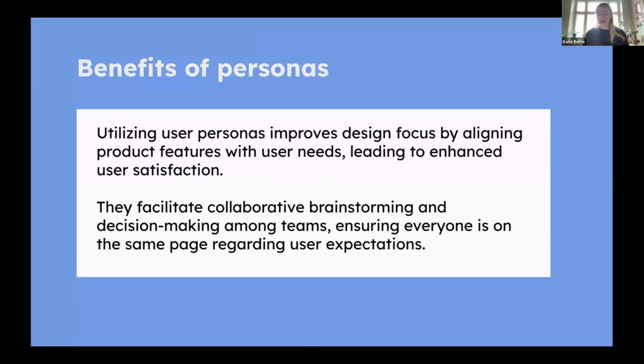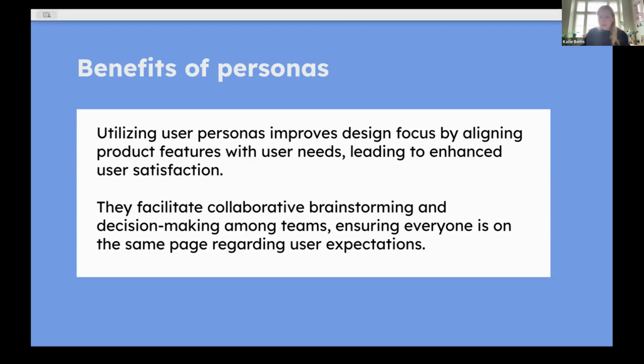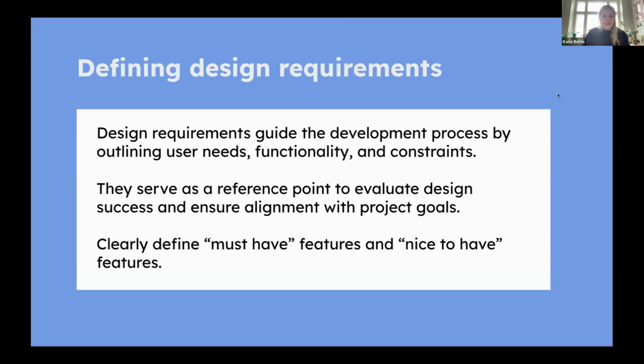We all see who we're designing for, and it's very tangible and visual, so we don't have to continuously keep reminding each other, okay, I'm designing for this, I'm designing for that. We have a really clear framework that's used as a boundary object between different members of the team. So we're all on the same page regarding the user expectations. So I think we have a couple more minutes.